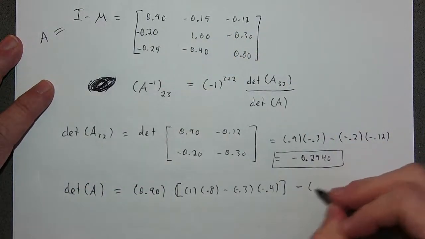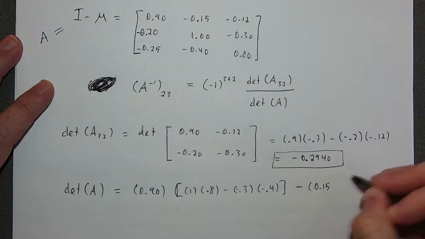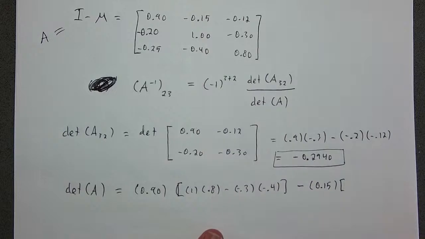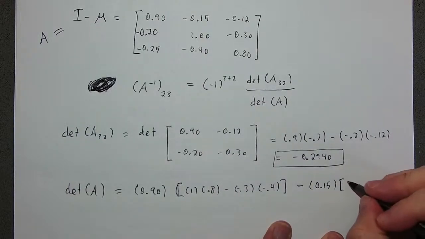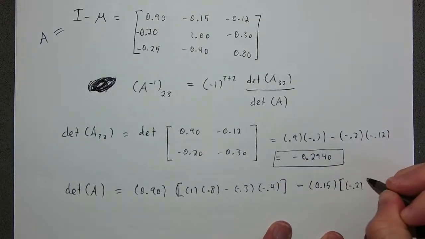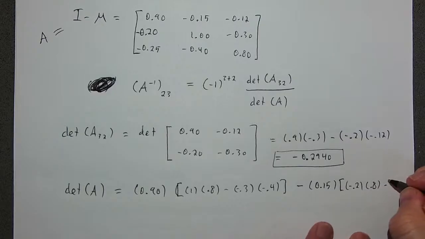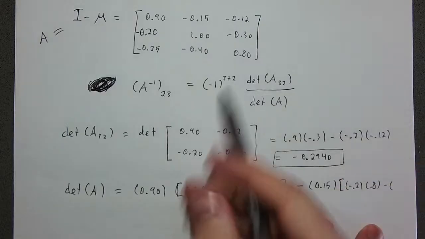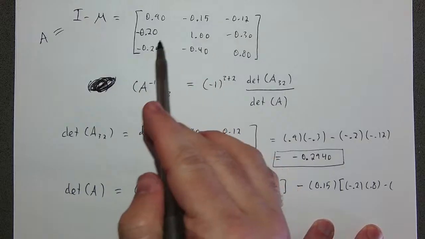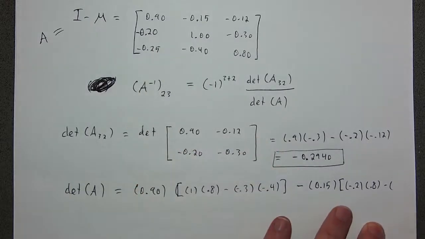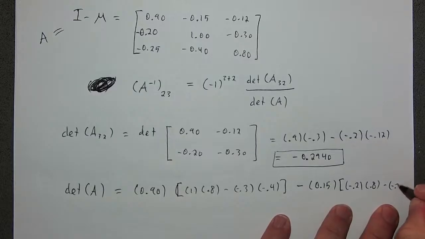Minus 0.15 times the determinant of the 2 by 2 submatrix, deleting the first row, second column. So now this would be minus 0.2 times 0.8 minus, this would be minus 0.25 minus 0.3. I'm running out of room here.